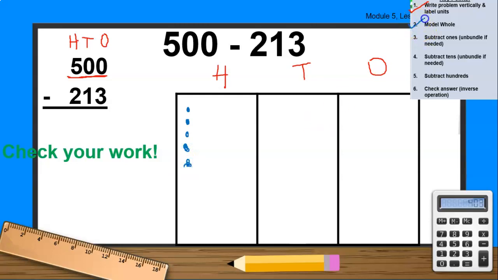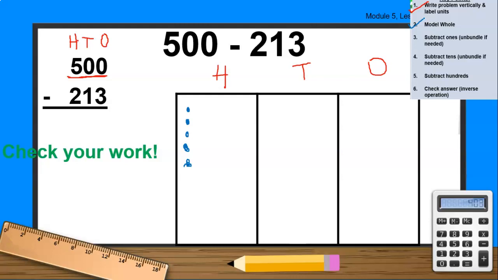I'm done modeling the whole, boys and girls. Now, are we ready to subtract now? No, there are no tens and no ones, so we have to unbundle 100.